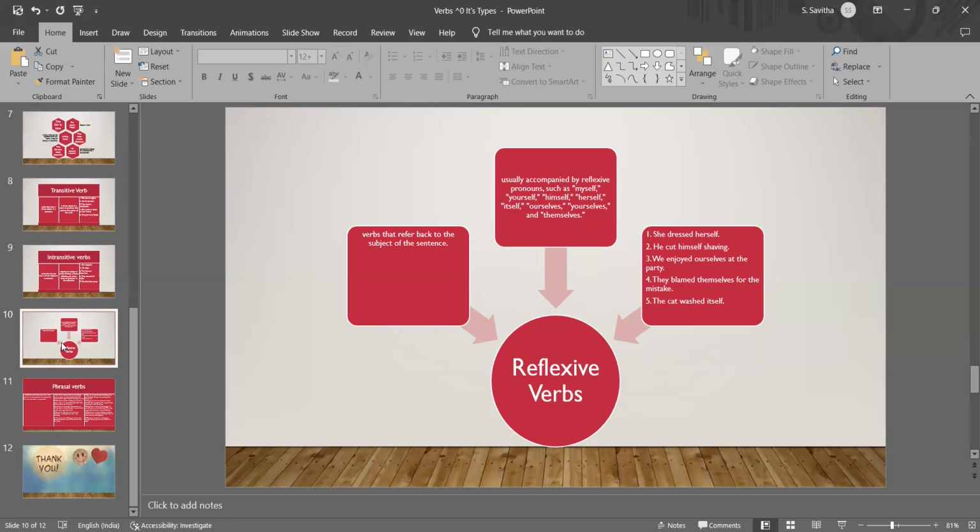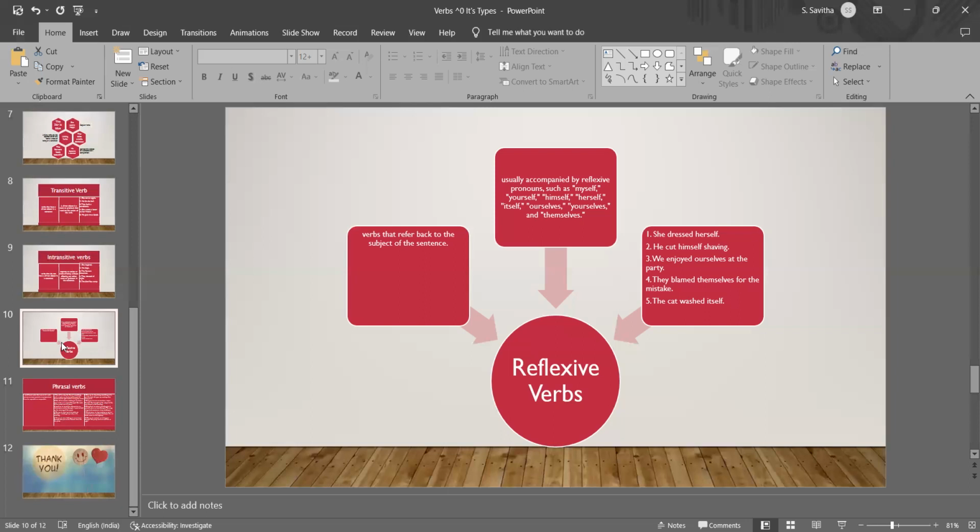I've given a couple of examples for reflexive verbs. She dressed herself. Here in the given sentence, dressed is a reflexive verb and herself is the reflexive pronoun. So the subject she performs the action of dressing on herself.